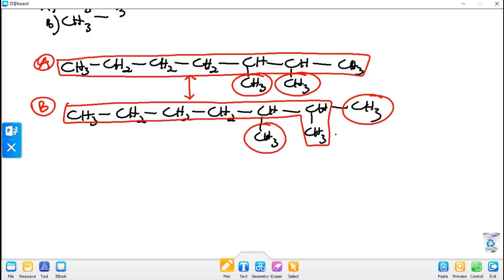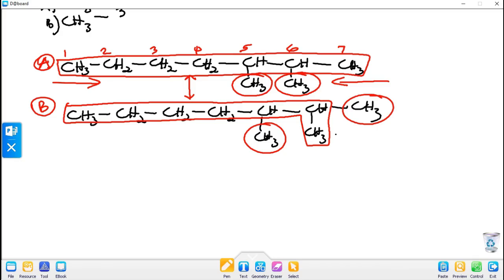Do we number the parent chain coming from the right, or do we number the parent chain coming from the left? That is the question. Do we go from the left-hand side or from the right-hand side? If we come from the left-hand side, this will be carbon 1, carbon 2, carbon 3, carbon 4, carbon 5, carbon 6, carbon 7.